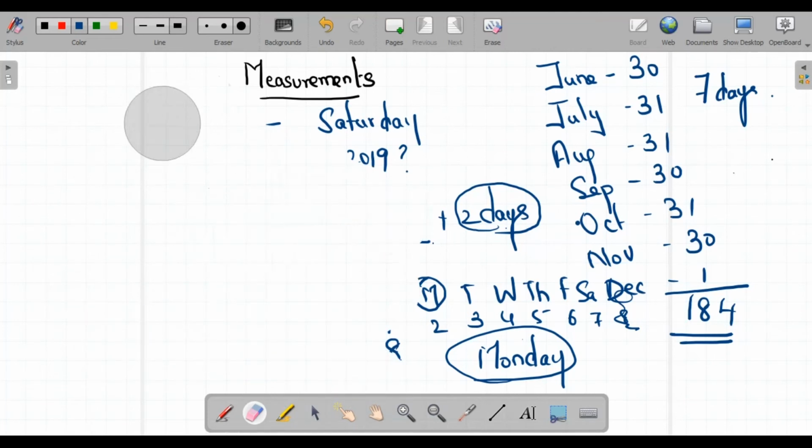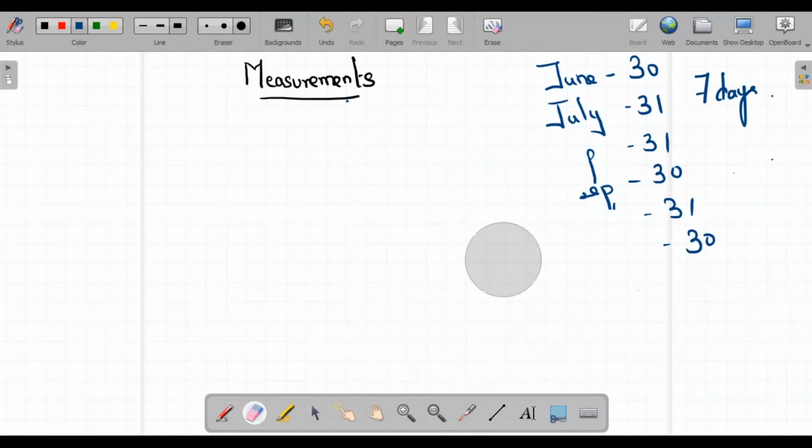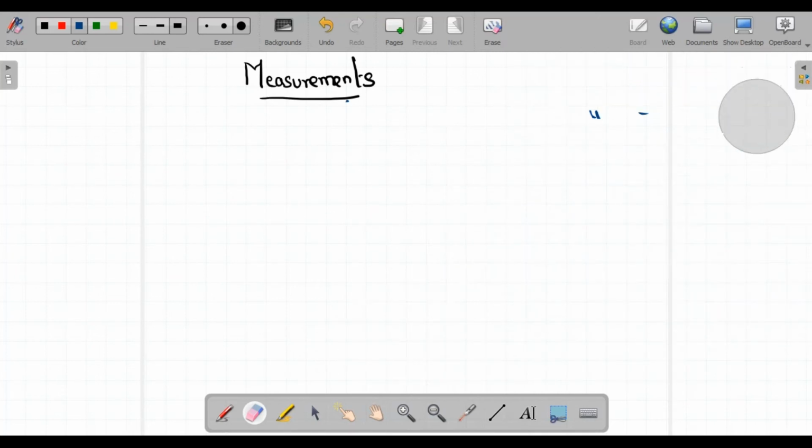Now there is a third kind of problem that we will have. For example, I will probably give my birthday or some information like this, and I will ask how old am I on this particular day.